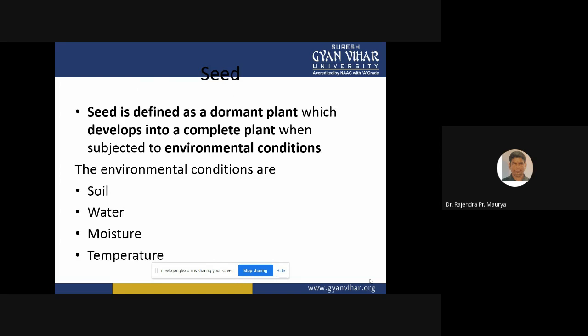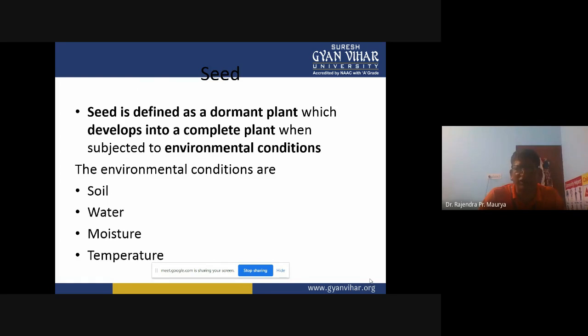Seed germinates under favorable environmental conditions, the conditions required for seed germination.